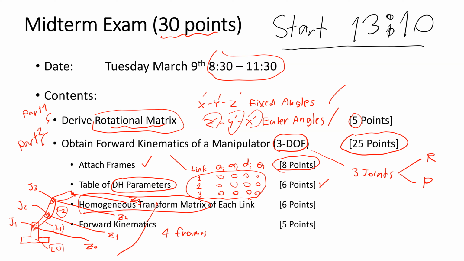We have the matrix that relates to the rotation about the z-axis and the translation about the z-axis with the joint offset. And we have the translation about the x-axis with the link length and also the link twist.